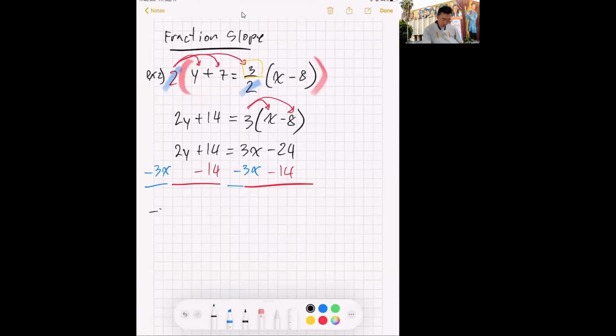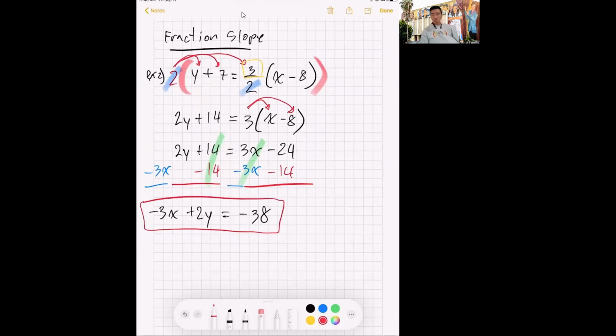Then I end up with negative 3x plus 2y equals negative 38. And there you have it. You just changed it to standard form. Okay? Any questions?